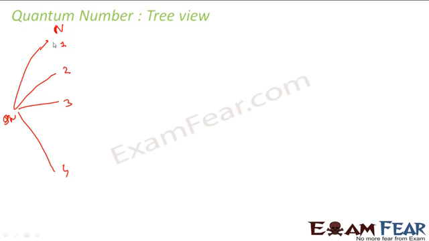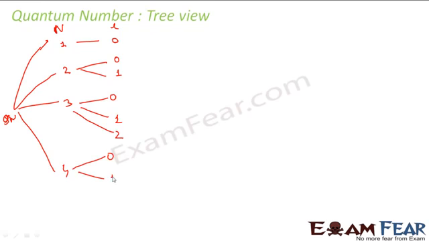Correct? If n is equal to 1, my L can have value only 0, because it has to be 0 to n minus 1. If n is equal to 2, L can have two values, 0 and 1. If n is equal to 3, L can have three values, 0, 1 and 2. So for 4, my L will be 0, 1, 2 and 3.